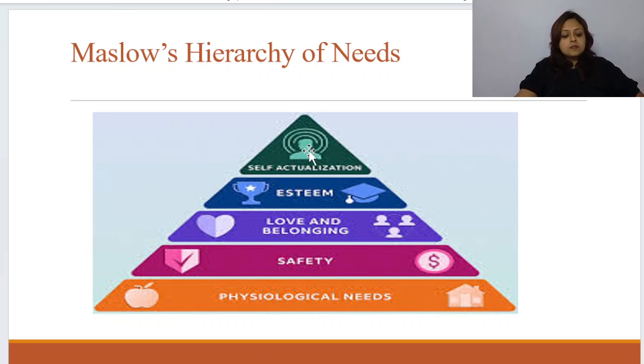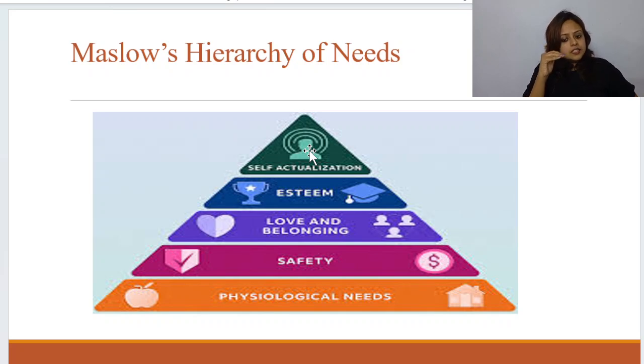What does that mean? It means that until an individual meets the first basic need, which is the physiological need, he or she will not move to the safety need. Again, once the safety need is satisfied, he will move to the love and belongingness need.